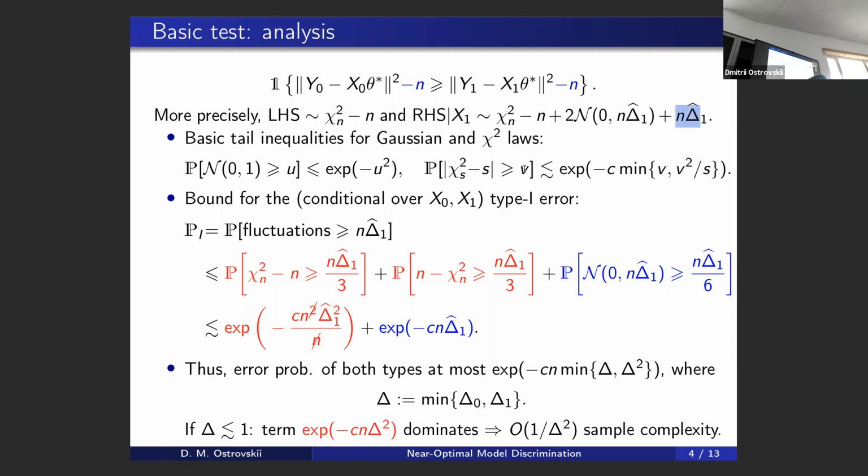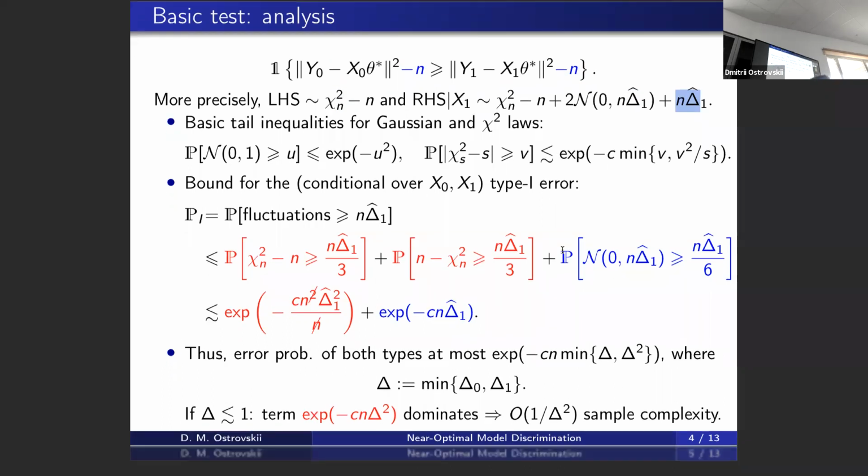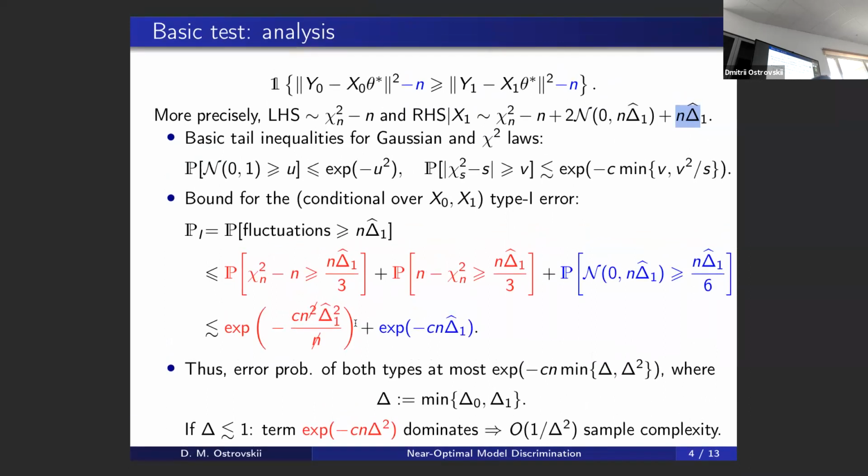So I do my arithmetics. I do my Gaussian bound and chi-square bound. I even wrote two-sided chi-square here, but it's fine for this calculation. So the point is that I have the chi-square. Now, please pay attention to this, okay? This is really important: how I can decompose the error.